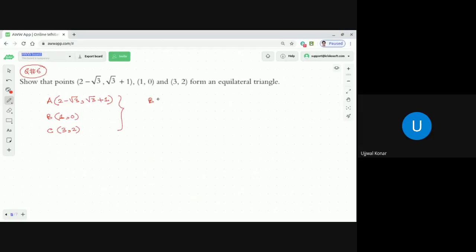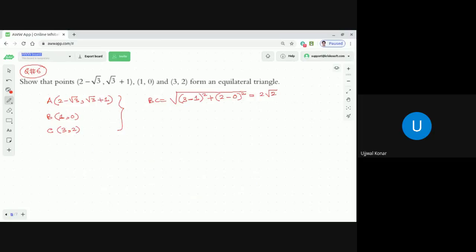BC is equal to square root of x coordinate of the point C, that is 3, minus x coordinate of the point B, that is 1, whole square, plus y coordinate of the point C, that is 2, minus y coordinate of the point B, that is 0, whole square. That is 3 minus 1, that is 2 square, plus 2 square, that is 2 into 2 square, that is 2 root 2. Got it, no?